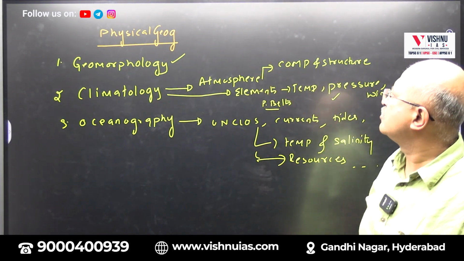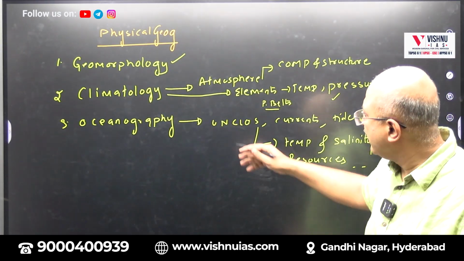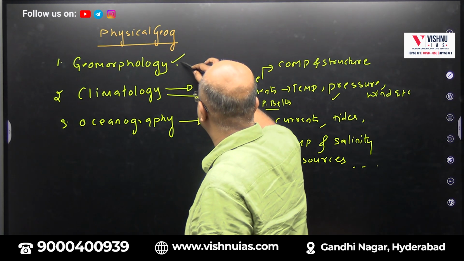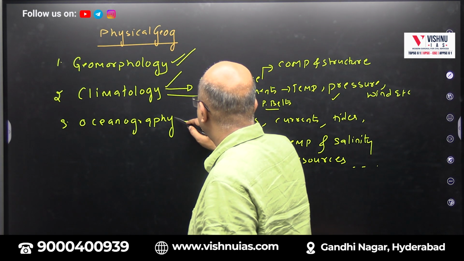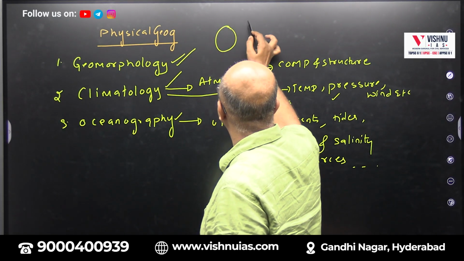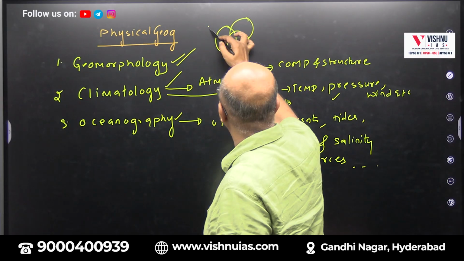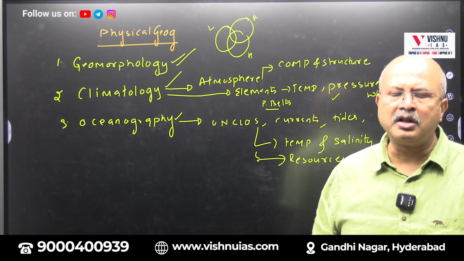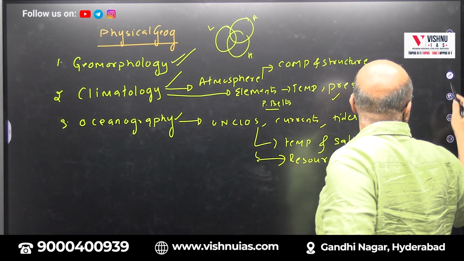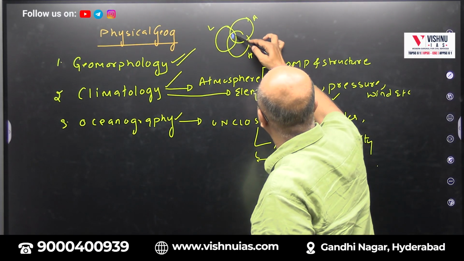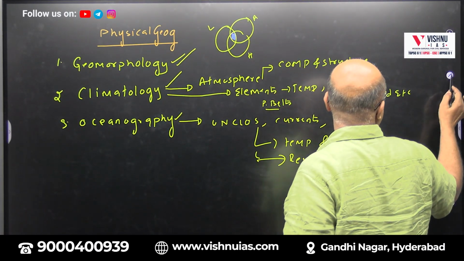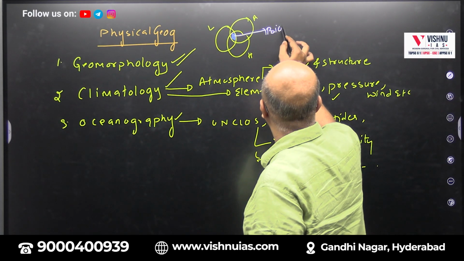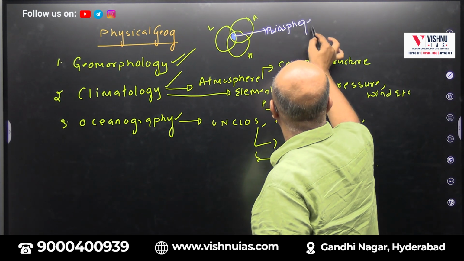So physical geography talks about geomorphology, climatology and oceanography, which in turn are linked with the three spheres of the earth: lithosphere, atmosphere and hydrosphere. And if you are good enough in all the three spheres, then the section which we call ecology and environment will become easy. All the areas where the three spheres meet, we refer to as the biosphere.